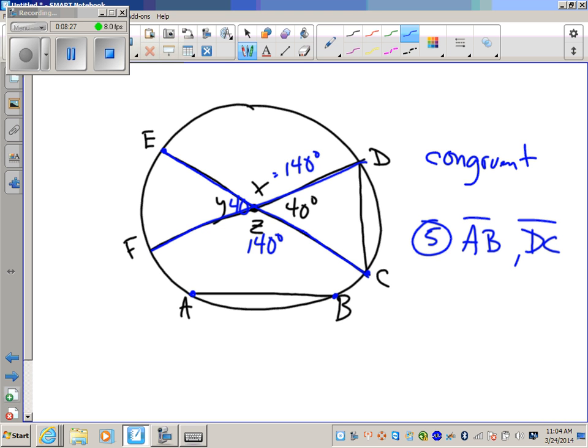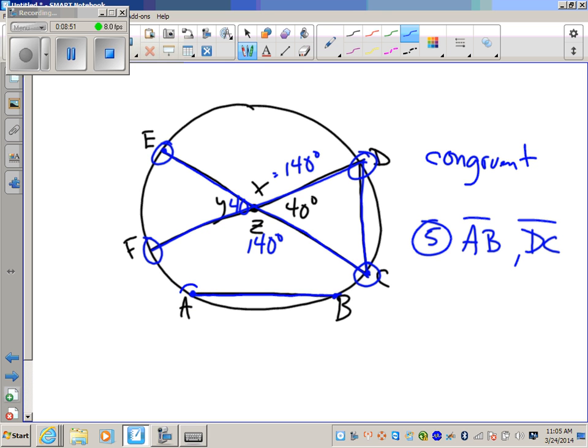However, we can't call all chords diameters based on the definition. Okay? So a chord will cover a diameter because both of its endpoints are on the outside of a circle. Same thing with FD. Okay?